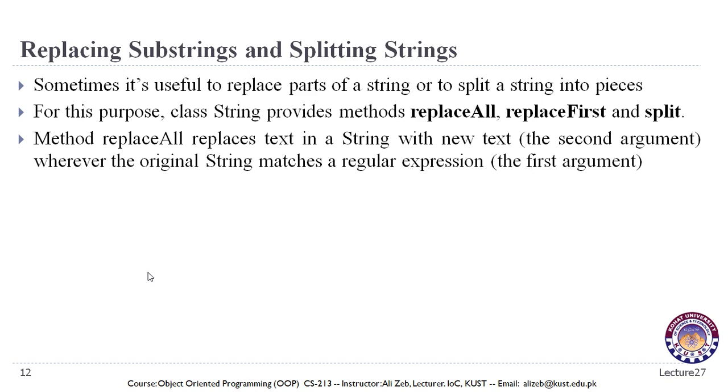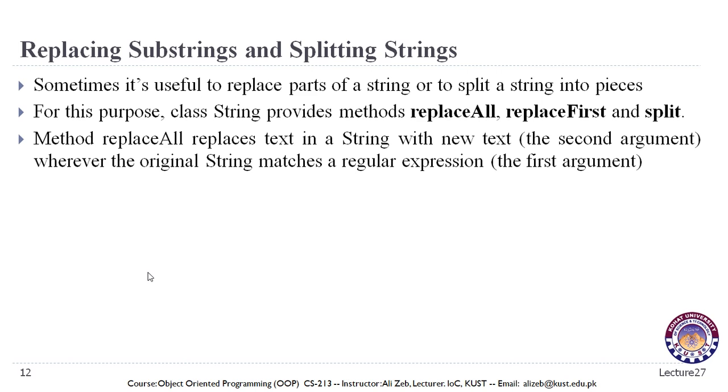We'll look at the split method where we can split a string into tokens, and tokenization is one of the useful features that we can use where we split a given string into individual words. Method replaceAll replaces text in a string with the new text that is passed as a second argument, wherever the original string matches a regular expression.